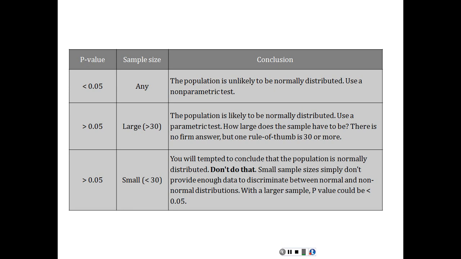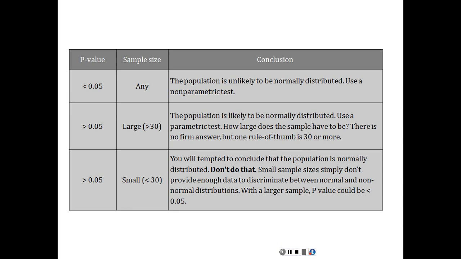Okay? How large does the sample have to be? There's no firm answer, but a rule of thumb is 30 or more, and a small sample size would be less than 30.